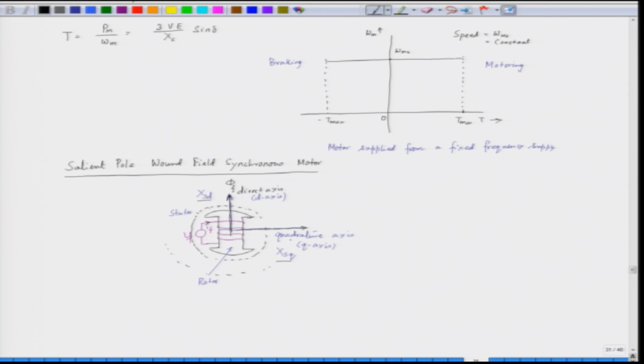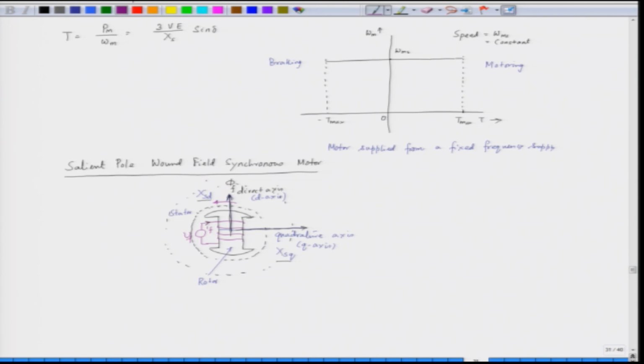The windings are placed in the stator, and when the field rotates at a certain speed, this induces EMF in the stator conductors. That induced EMF is E.